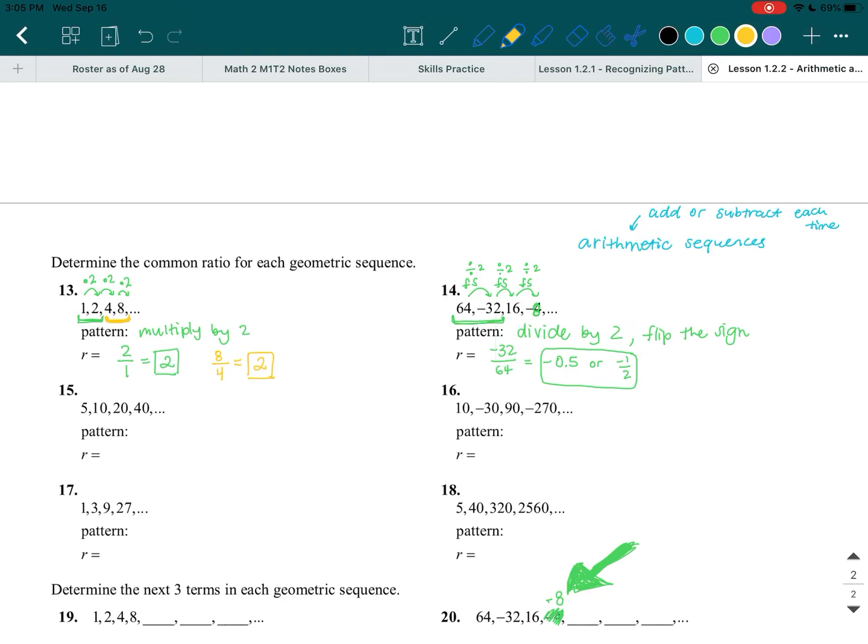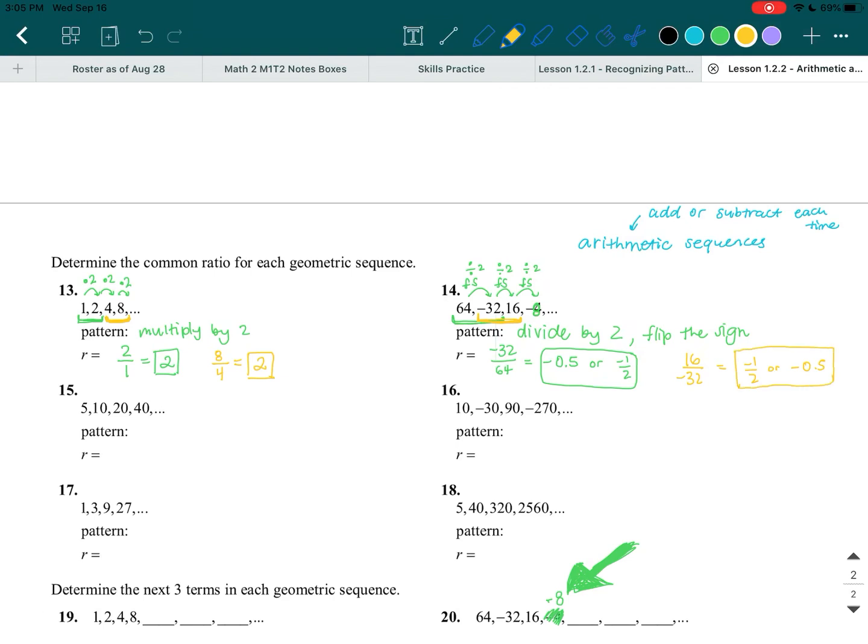Let me show you once again that you can do this with any other set of numbers. So let me choose 16 and negative 32, those two consecutive numbers right next to each other. Take the second number, divide it by the first number, and if you type this in a calculator or you know how to simplify fractions, you're going to still get the negative 1/2, also known as negative 0.5.